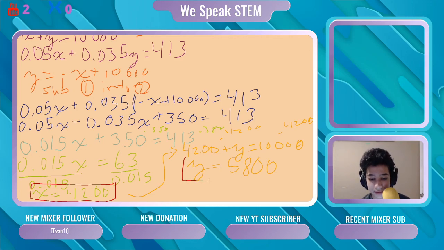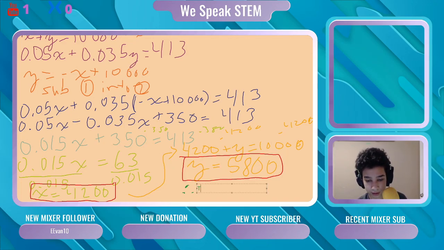So now the therefore statement. Therefore, what were the let statements again?